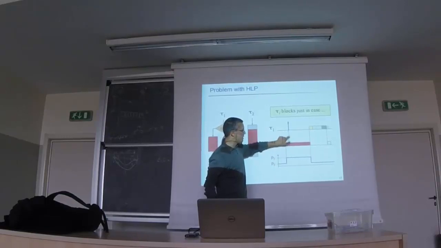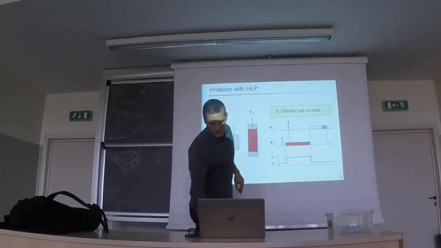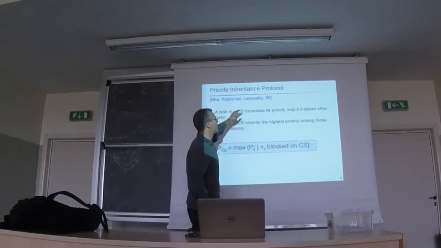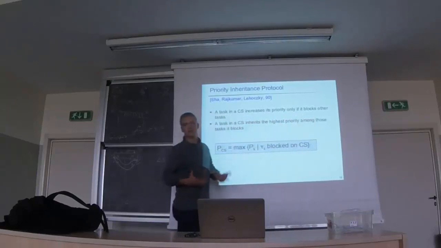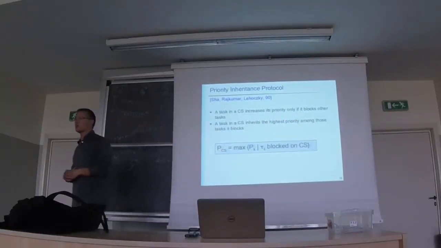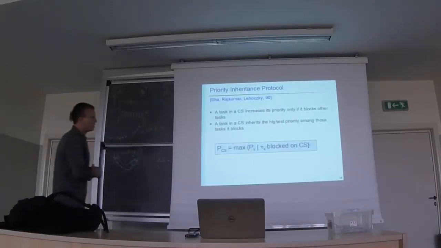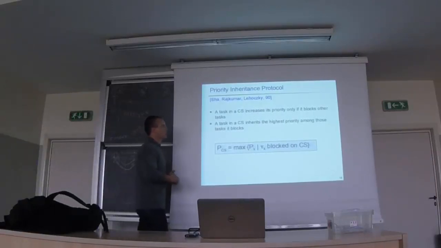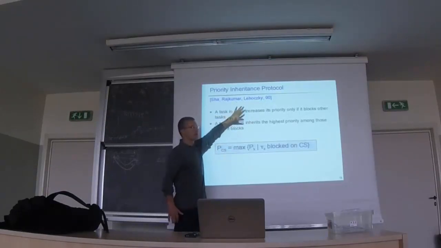When this guy arrives, it is postponed forever. With priority inheritance, I increase the priority only if I'm actually blocking someone, if someone tried to access my shared resource and was blocked because I was the one holding that resource. So the priority is increased only if I'm blocking someone.